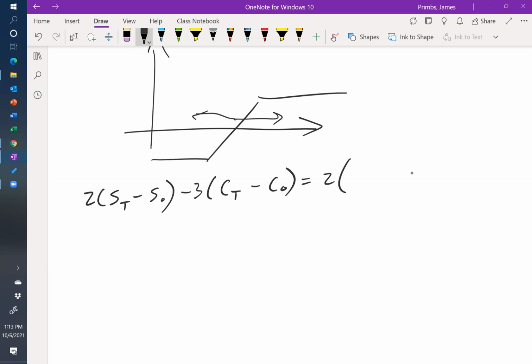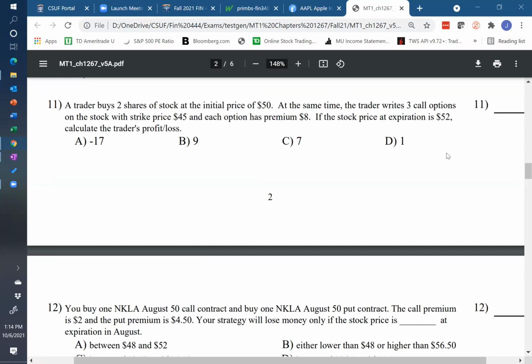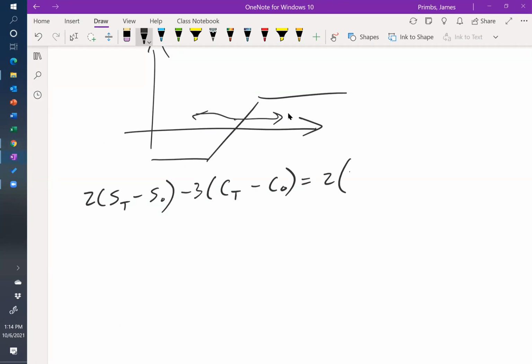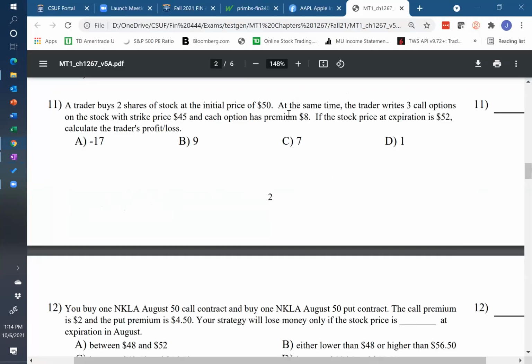Okay. So I'm long the stock. What did the stock end at? It was 52 and I bought it for 50. 52 minus 50, minus the 3 calls. Let's look at the payoff of the call. The call had strike 45. Stock price at expiration was 52.